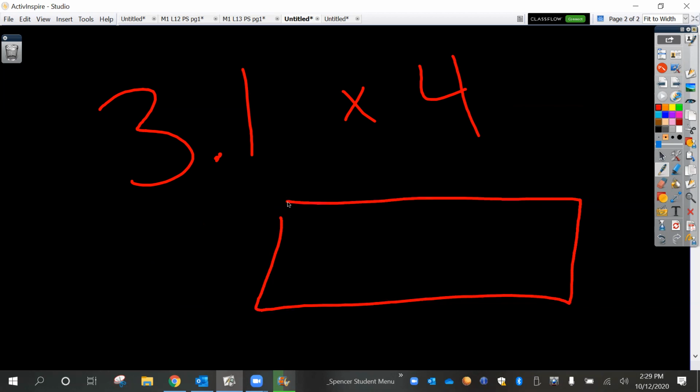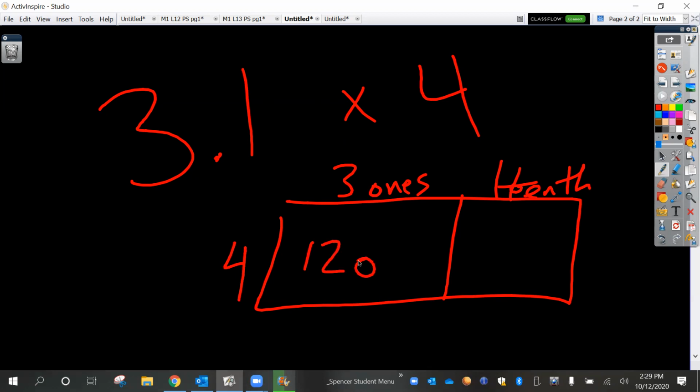So again, we have two places. We have 3 ones this time and 1 tenth. And this time we are multiplying it by 4 again. So 4 times 3 is always 12, right? So it's 12 ones. And 4 times 1 is 4 tenths.